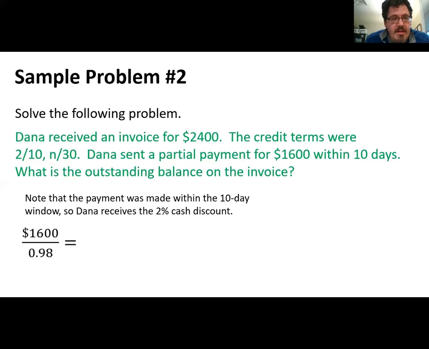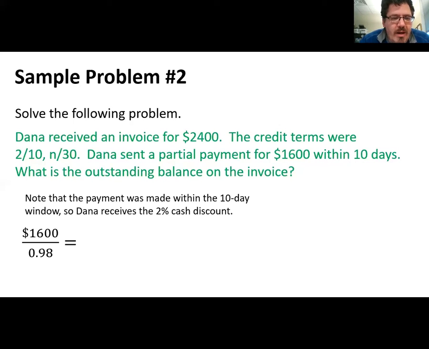Okay? Now the difference this time is it's based on what she's paying. And what we're going to do is we are actually going to divide 1,600 by 0.98. And again, that 98% comes from the complement of the 2% discount.